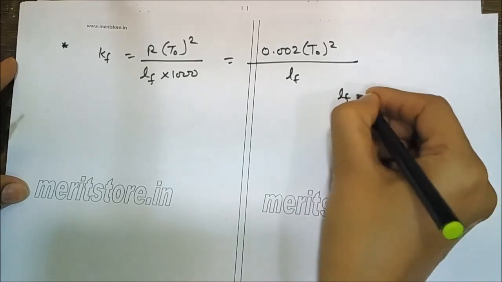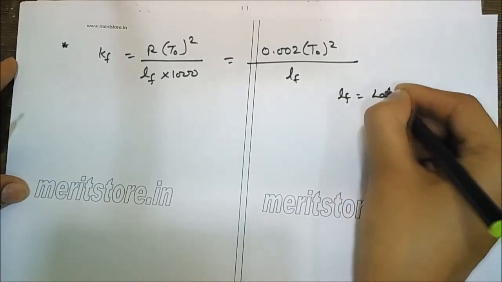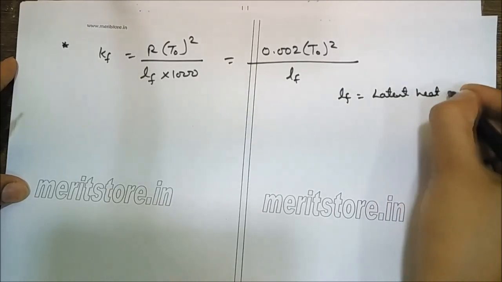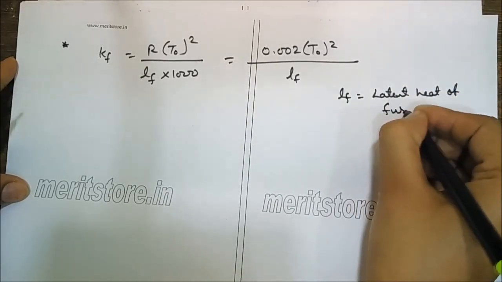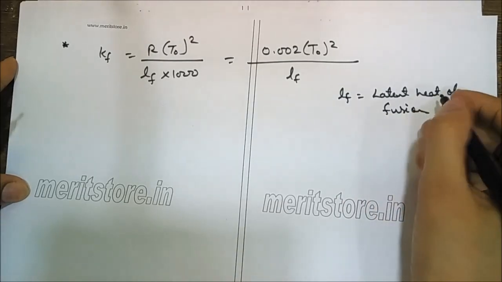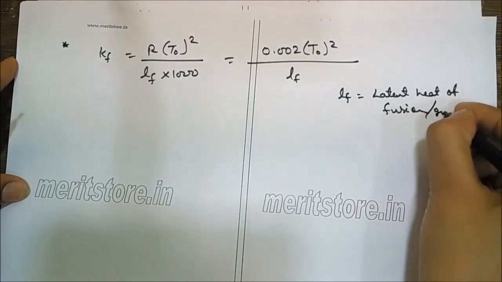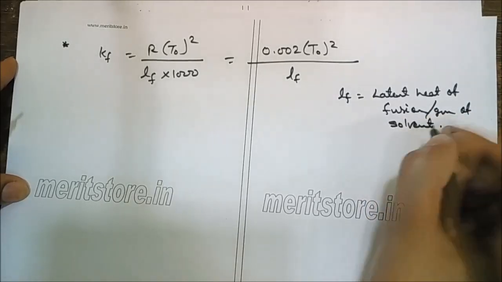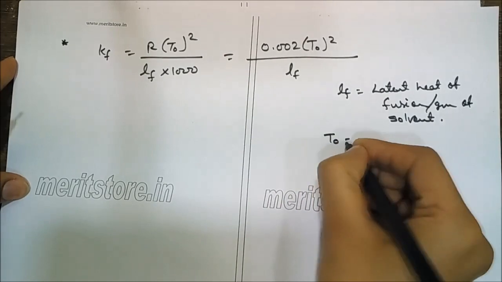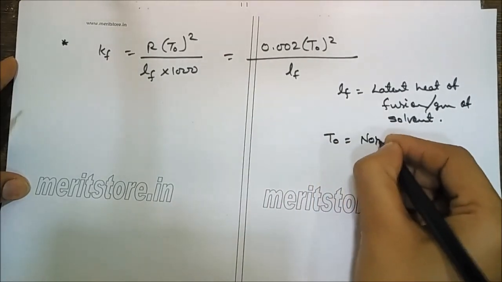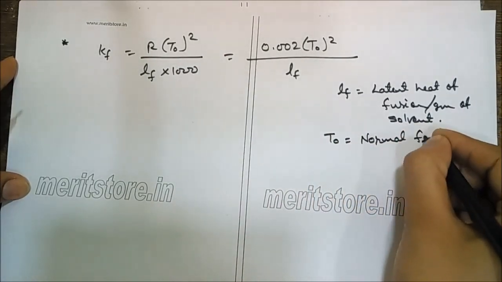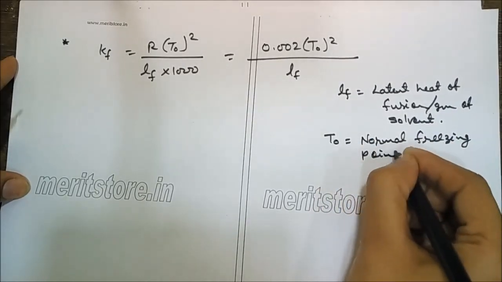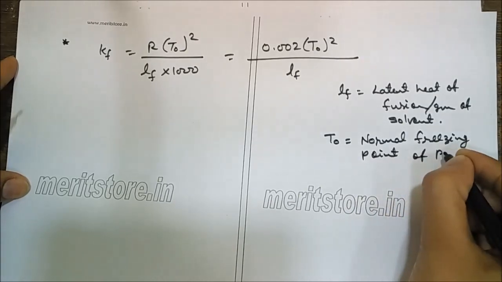Lf is the latent heat of fusion per gram of solvent, and T0 is the normal freezing point of solvent.